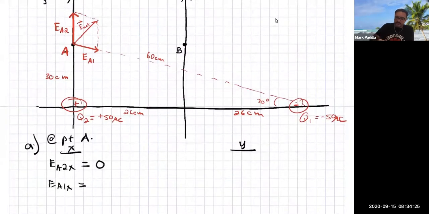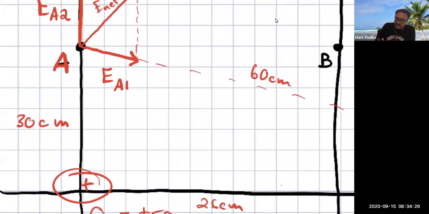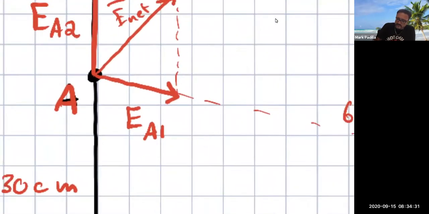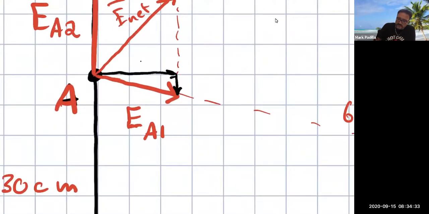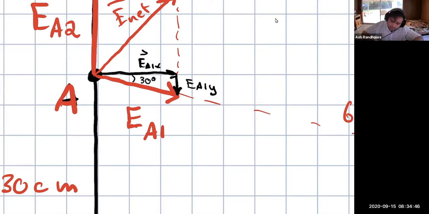Well, if we look at EA1, it breaks up into vectors, EA1X and EA1Y. And what's this angle right here? 30 degrees.